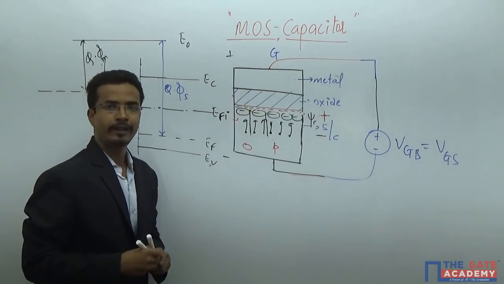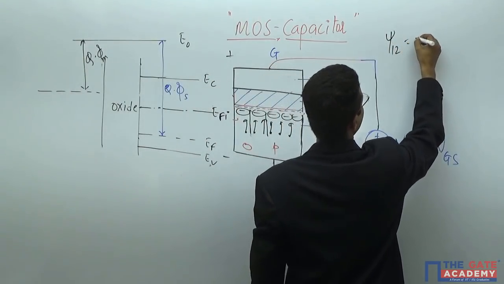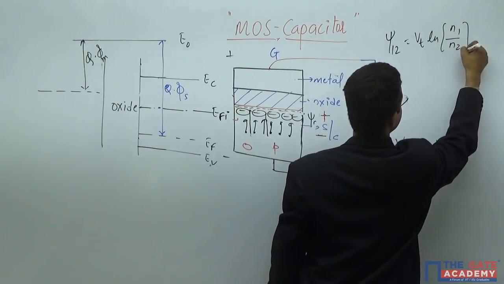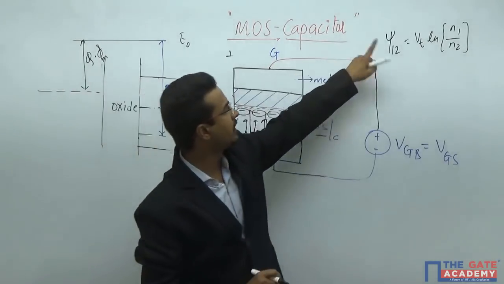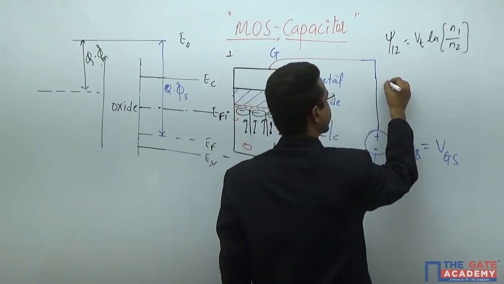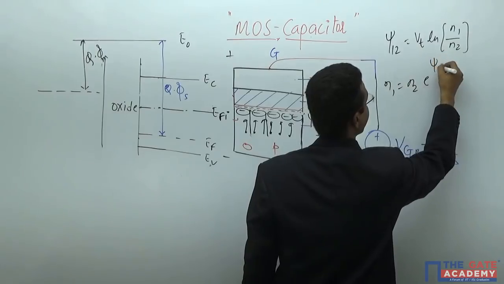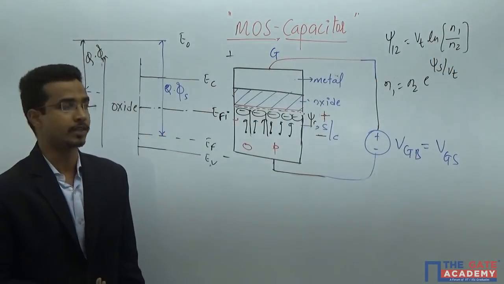Now, one thing we have studied: psi 1,2 equals Vt ln N1 by N2, where this psi 1,2 is the surface potential psi s. So we can say N1 equals N2 e raised to psi s upon Vt, where Vt is the thermal equivalent voltage.